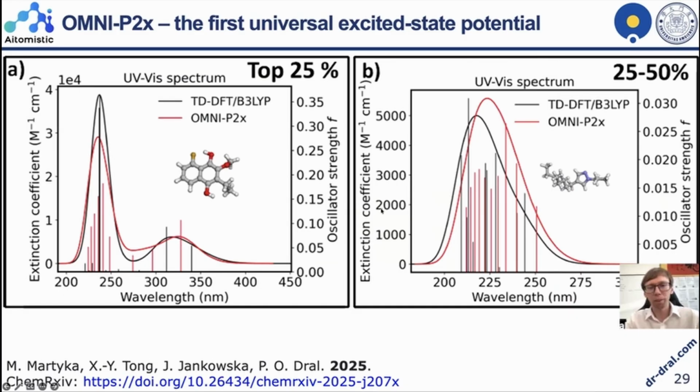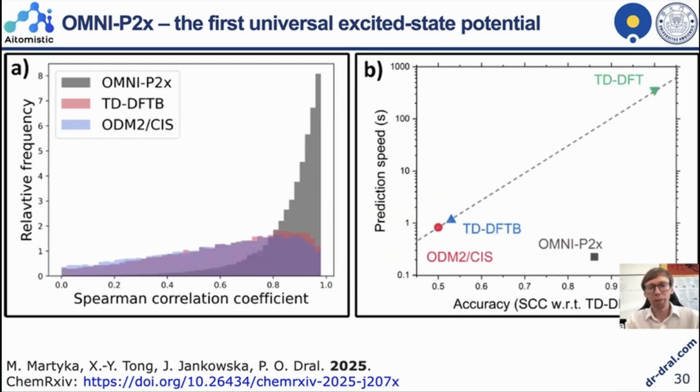But taking into account that this is pure machine learning potential speed, it is way, way faster than even semi-empirical methods, and you can use it for screening. And for the many thousands of molecules for which we tested this, the spectral similarity of OmniP2X is closer to TD-DFT than that of semi-empirical TD-DFTB or ODM2 or CES approaches.